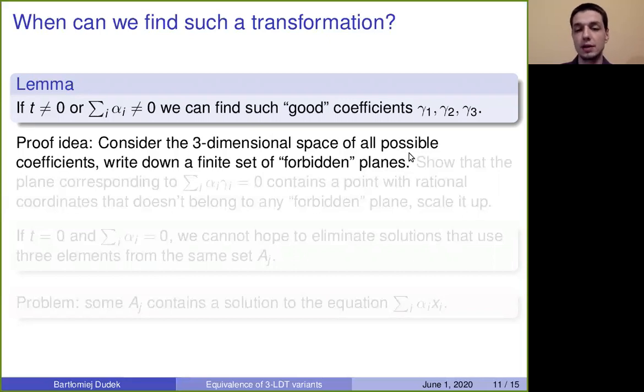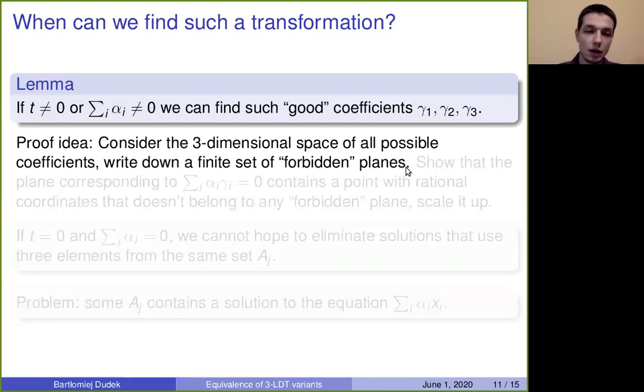A forbidden plane is one which corresponds to taking two elements from one set, or shifting the order in the wrong way, or having some zero coefficients which we do not allow.